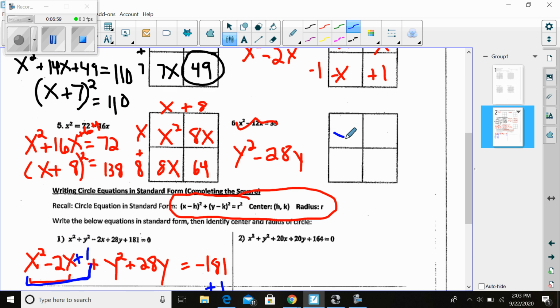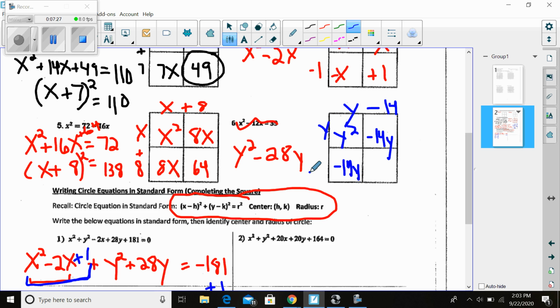All right, I've got y squared here. So what's half of 28? And it's negative, so I want negative 14y here and negative 14y here. So that would be y minus 14 by y minus 14.